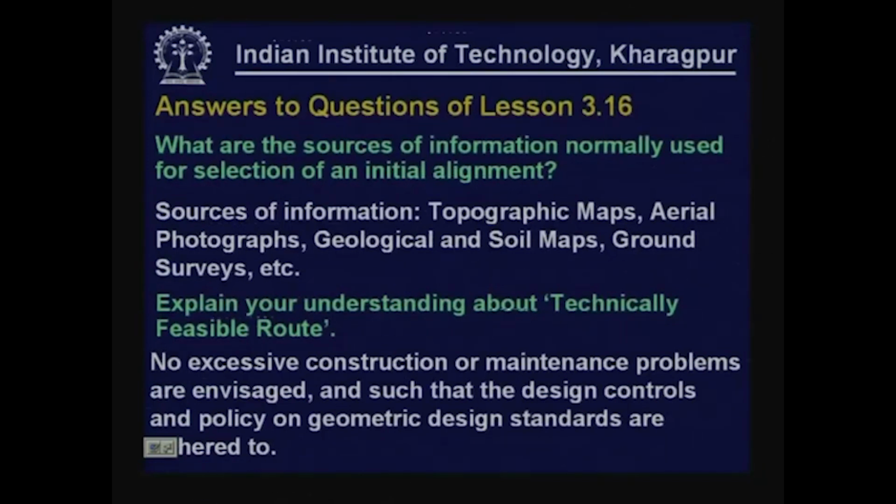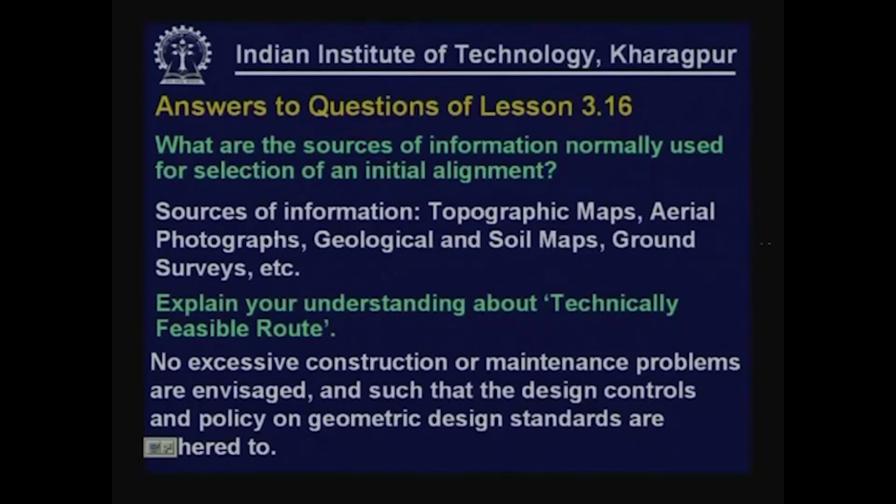Explain your understanding about technically feasible route. Remember that no excessive construction or maintenance problems are envisaged, and such that the design, control and policy on geometric design standards are adhered to.